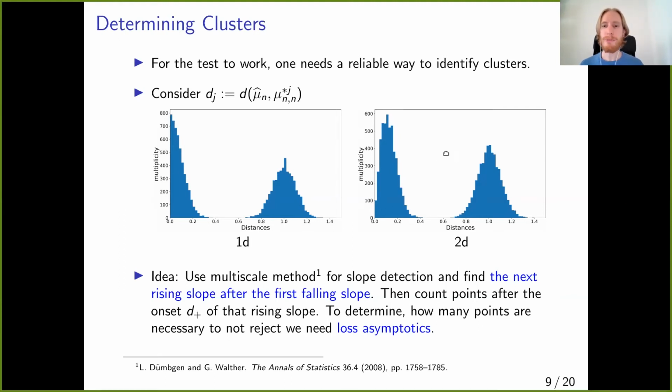So one could naively, for example, think if 5% of the points, or let's say 4% of the points are in the second cluster, in the right-hand cluster, then maybe we would reject the test at a 95% level, because 4% is less than 5%. However, we don't have any theoretical result to back this up yet, and we might actually be mistaken about this. So let's look into this.